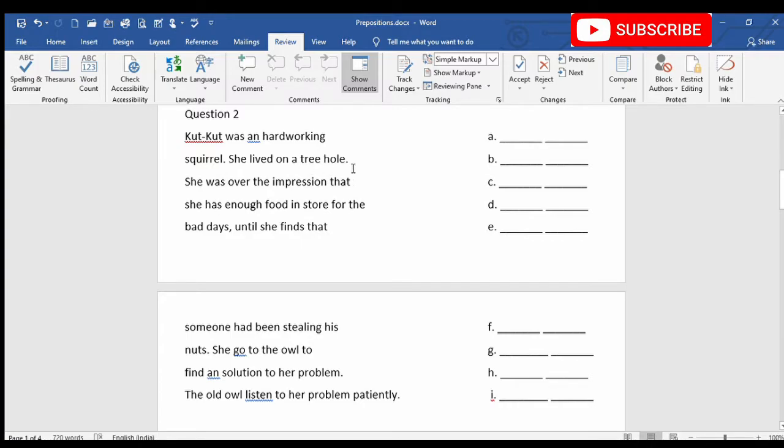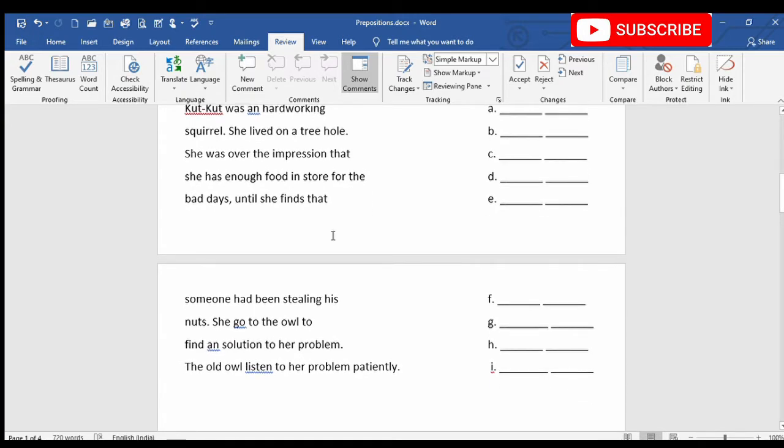She lived on a tree hole. She was over the impression that she has enough food in store for the bad days, until she finds that someone had been stealing his nuts. She goes to the owl to find a solution to her problem. The old owl listened to her problem patiently.